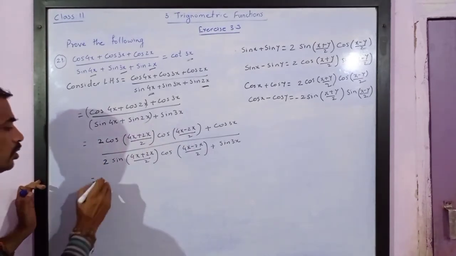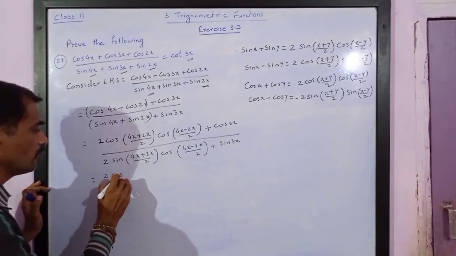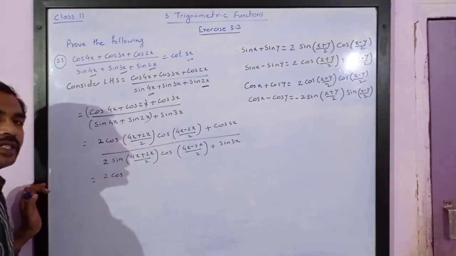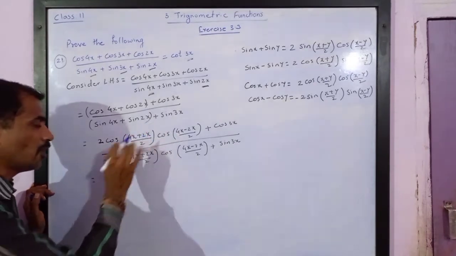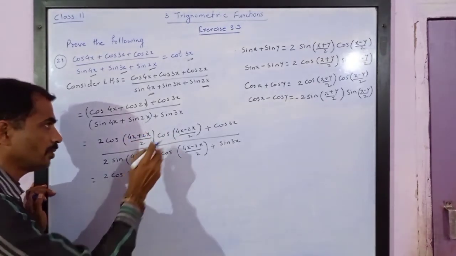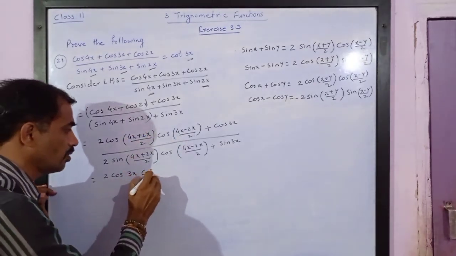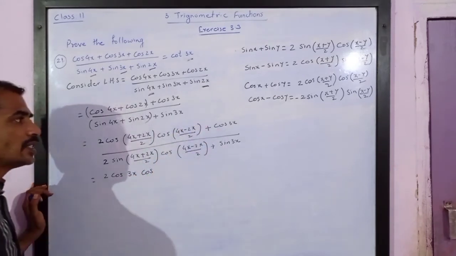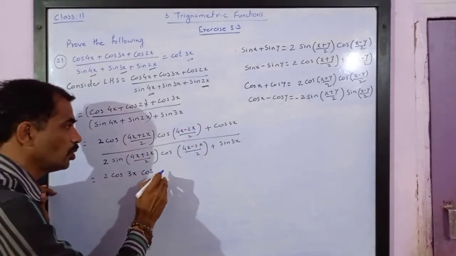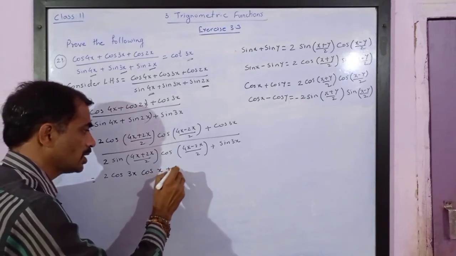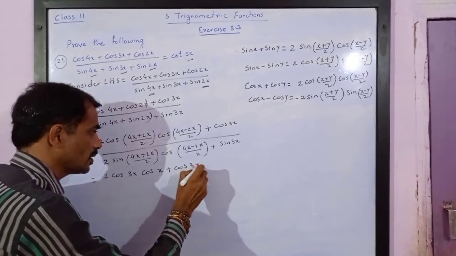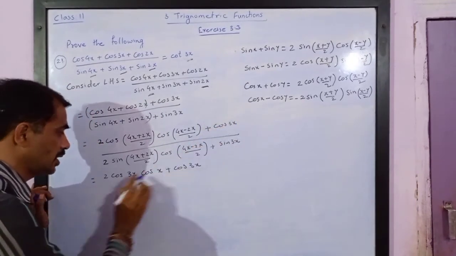So I will get 2 times cos of 4x plus 2x is 6x, 6x upon 2 is 3x, cos of 4x minus 2x is 2x, 2x upon 2 is x, plus cos of 3x, this term as it is.